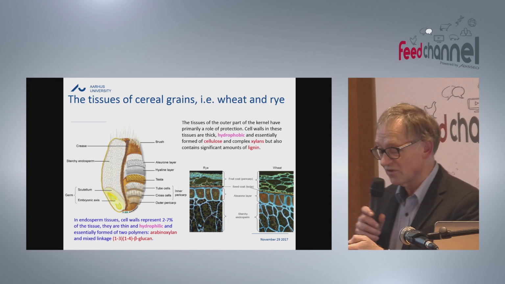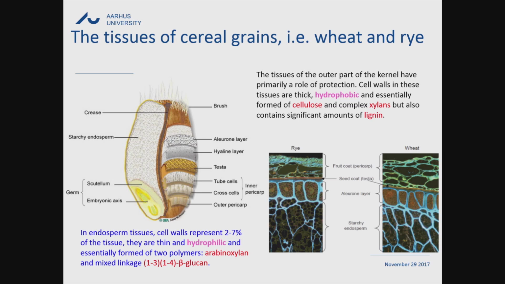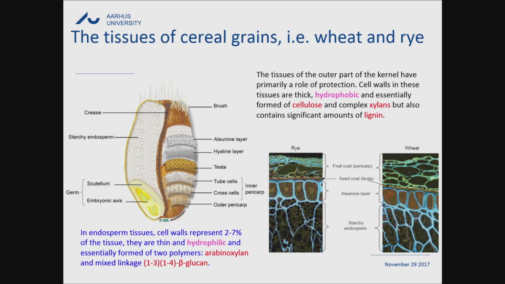So in the cereals, the beta-glucan is primarily found here in the endosperm and the aleurone cells, whereas the arabinoxylans are present in part in the endosperm and in other parts in the outer part of the grain.